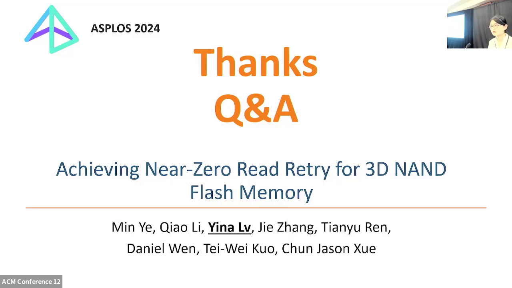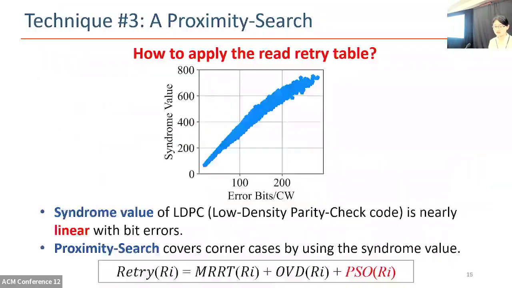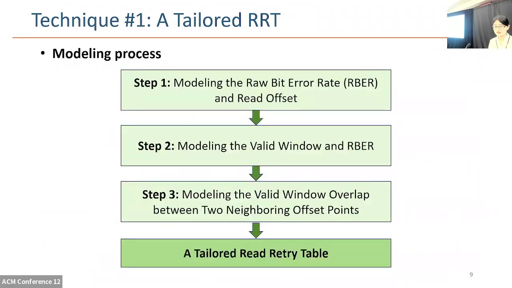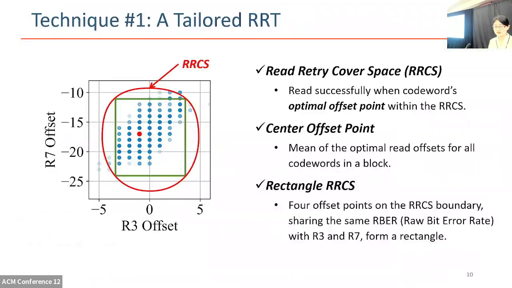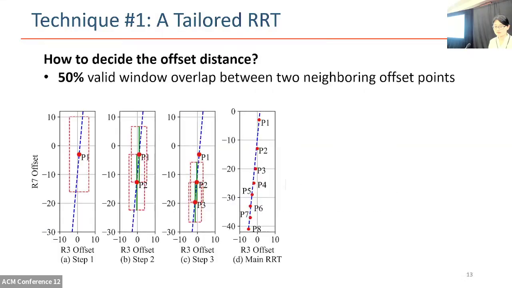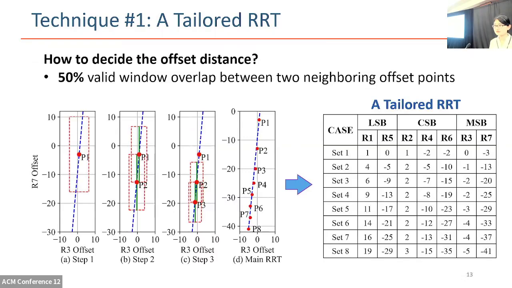For example, among your tailored RRT, how to choose the first read reference voltage? For example, 1K P cycles and the retention time is 3 months. Which is the first reference table among 8 different sets?